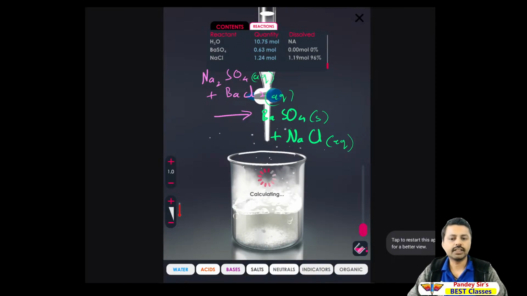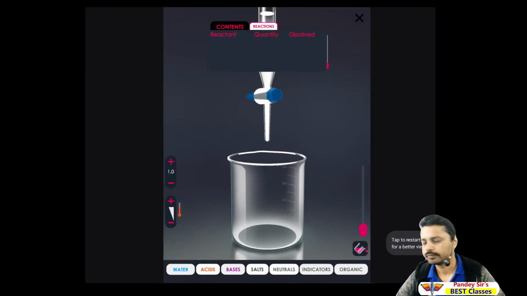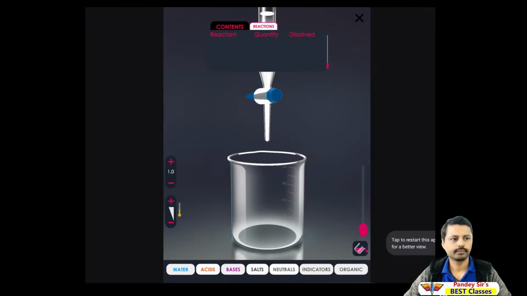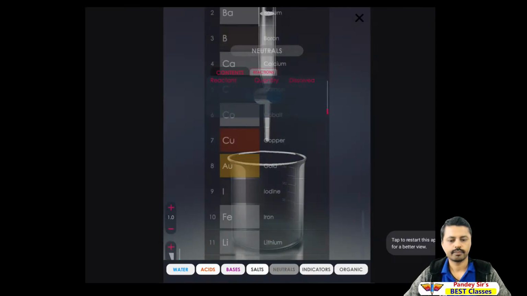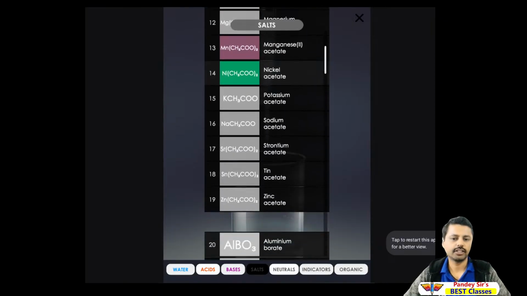A student mixes potassium iodide with lead nitrate solution. Identify the precipitate formed and write the equation. So let's mix potassium iodide. I need to find it first. Potassium iodide means KI. Let's find out where KI is.